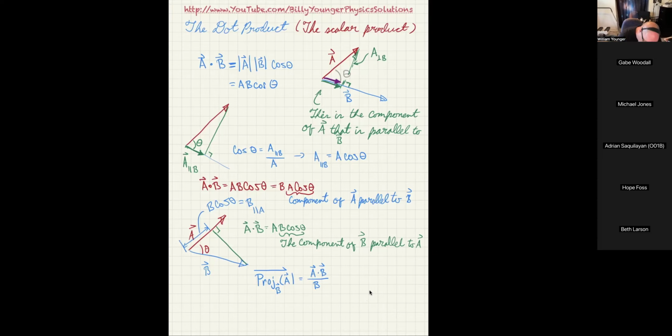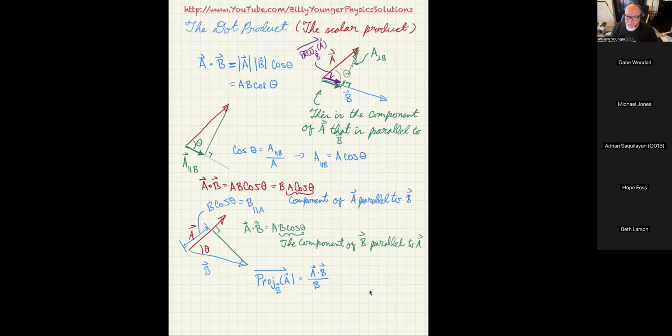That is the projection of A onto B. And it's a vector quantity, right? So since it's a projection onto B, I need it to point in the direction of B. What I have by doing A dot B over the magnitude of B is basically just the magnitude of it, which is great.